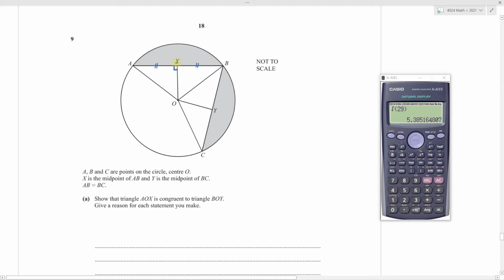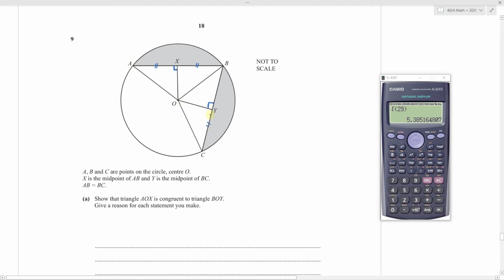Since we are told that X is the midpoint, that means AX equals XB. This line is bisecting the chord, so this angle that it makes with the chord is 90 degrees. And Y is the midpoint of BC. So similarly, this angle will be 90 degrees as well, because BC is being bisected by this line into two equal halves.